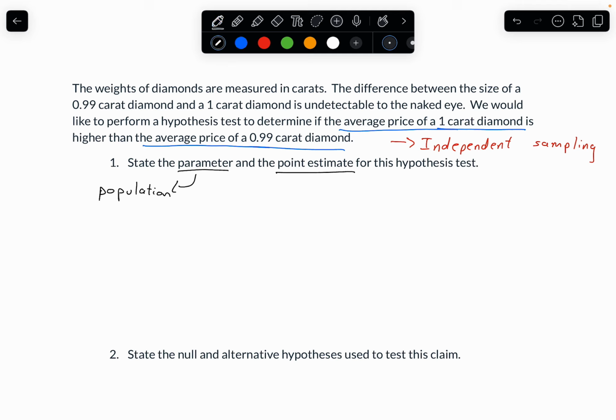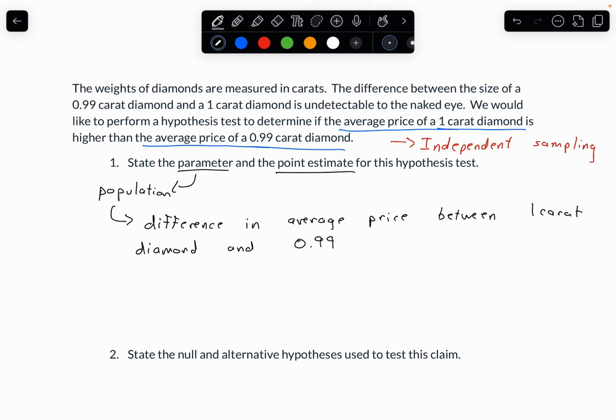So if I wanted to write this out in words, my parameter here would be the difference in average price between a 1 carat diamond and 0.99 carat diamonds.